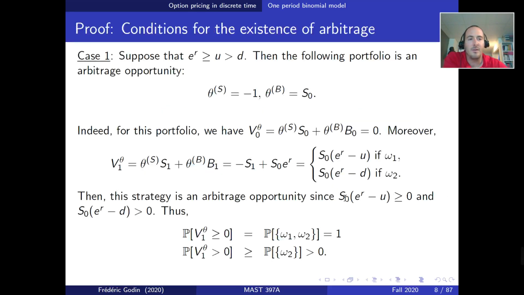The first violation of the inequality from the proposition would be if exponential of r is greater than or equal to u. What happens in this case? The proposition said that this value exponential of r should be in between d and u. Now we're going to assume that it's greater than or equal to u, and we're going to see what happens.